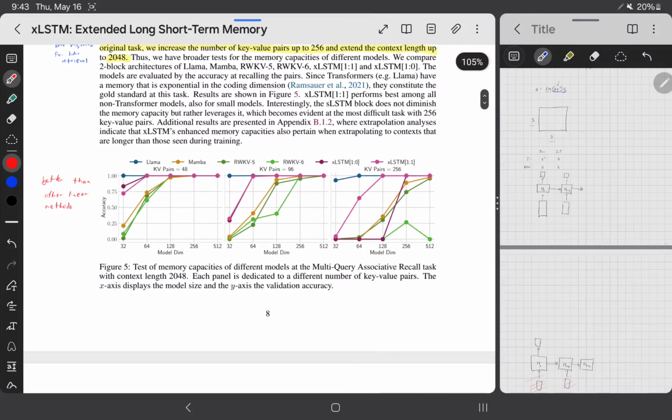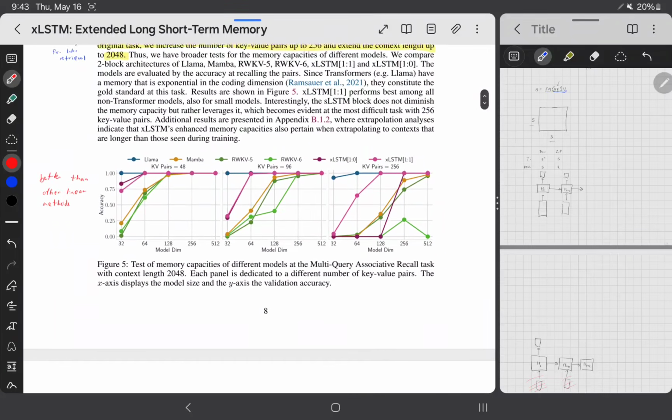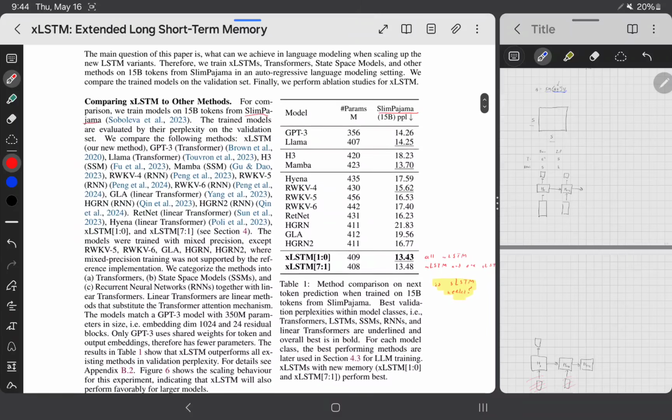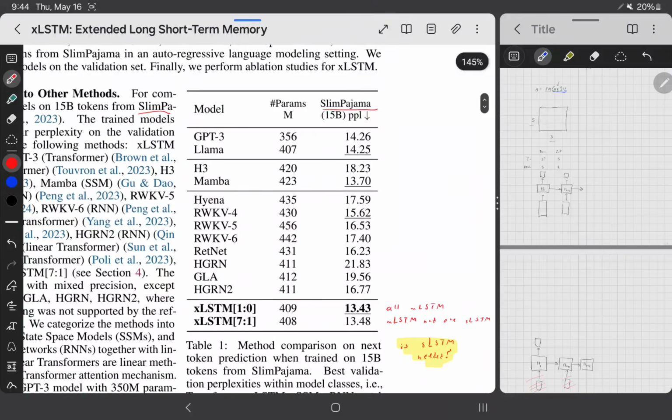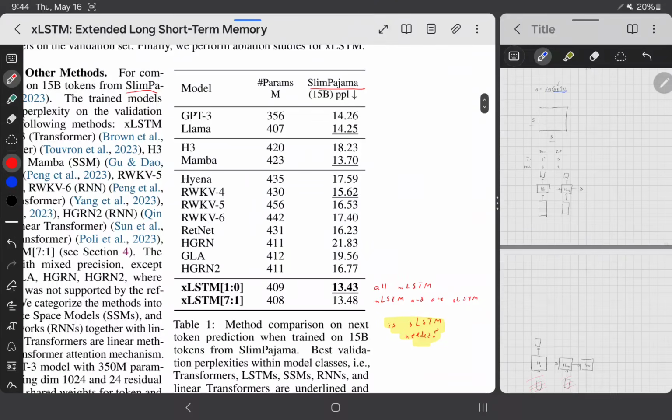The more important tasks are like the language modeling tasks, the one we all really care about. I don't think they do this on images at all, but the language modeling task is kind of the more important task, the one that's used the most.